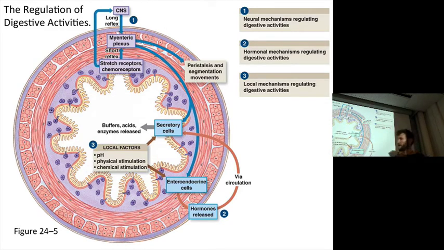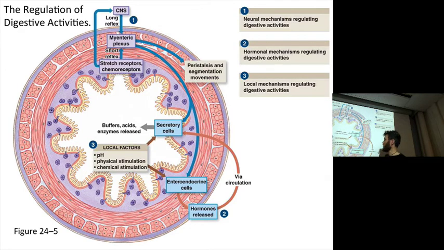In the stomach, for example, that would be gastrin from the G cells, or the parietal cells and HCl. Any of these different secretory cells are going to make buffers, acids, whatever kind of enzyme is necessary for digestion.